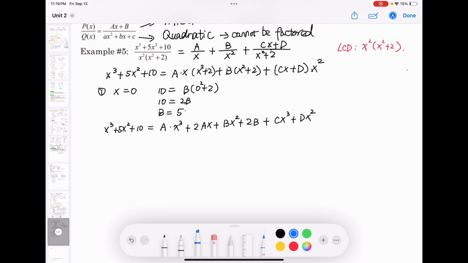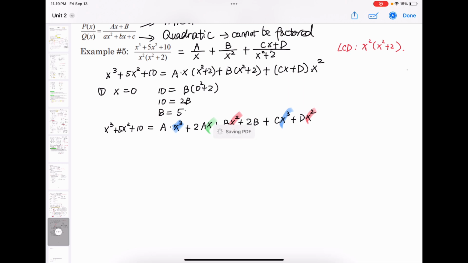Let's combine like terms: x cubed term, x squared, x, and constant.